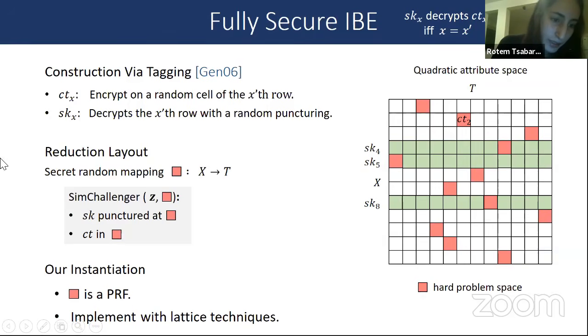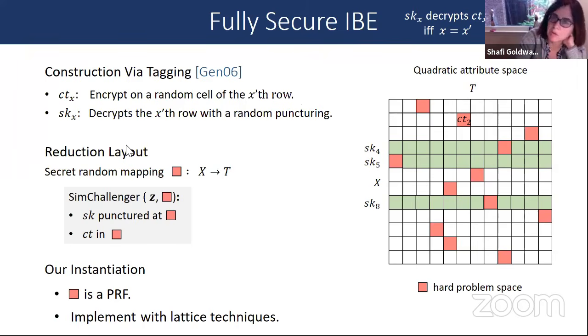Previously in the bilinear world, the description of the punctured point was done with a random polynomial, and then there was some bound on the number of allowed queries. But now we can implement it with a PRF, and then we can support any unbounded polynomial number of queries. For now, I will not show the technical construction from lattices, but this is the high-level idea.